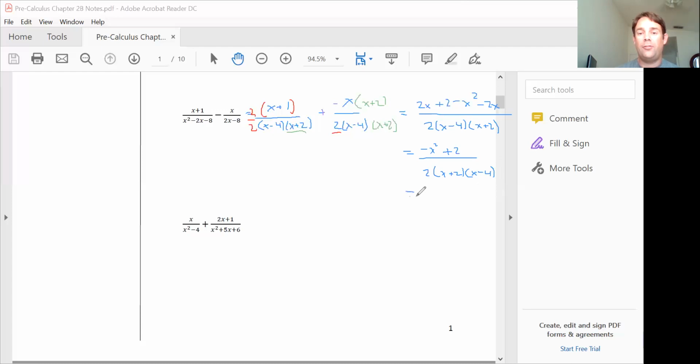And I can factor out a negative 1 on top. It's not going to do anything really for me, but still, I'll factor it out, because if we can factor, we really want to factor, just to see if there's anything that could potentially cross off both top and bottom. In this case, there is none. So I'm going to leave my final answer alone.